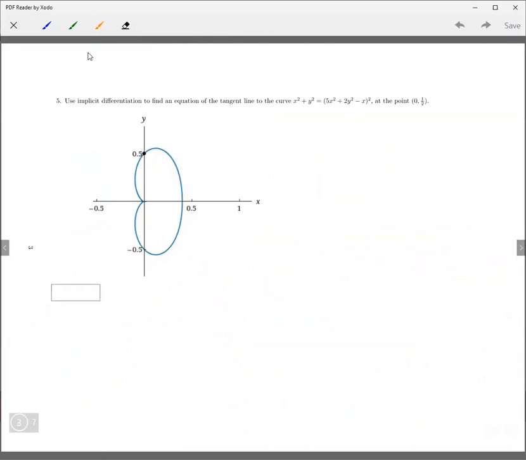Okay, so one interesting thing when you're doing this implicit differentiation is that we actually have this curve right here, and this doesn't definitively define y as a function of x, because look, it doesn't satisfy the vertical line test. But the thing is, though, this actually does sort of define y as a function of x.